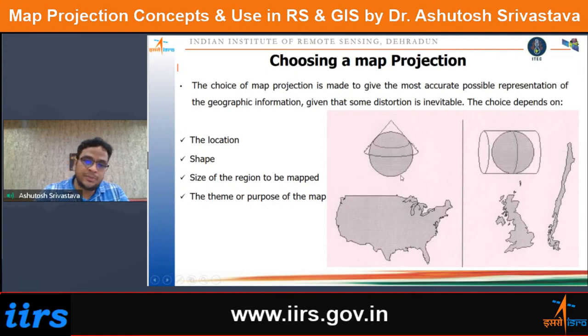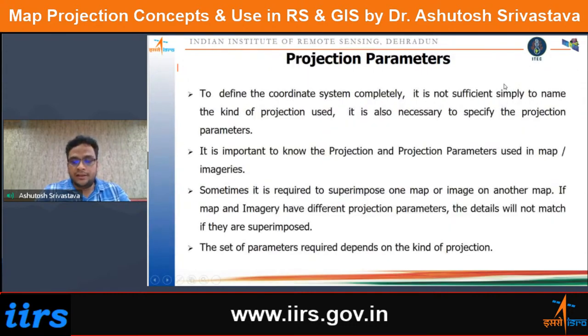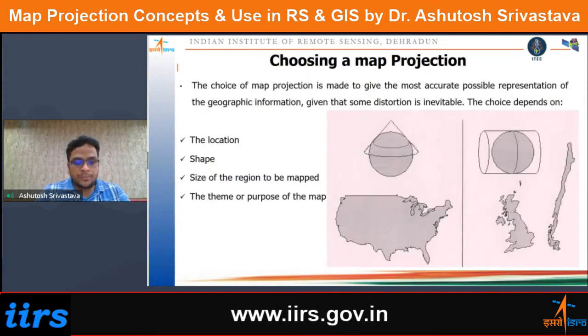I cannot use LCC for the UK, because it will be spread out, so it will distort the shape of objects. Different types of map projection exist, and we use them as per our requirement or purpose.